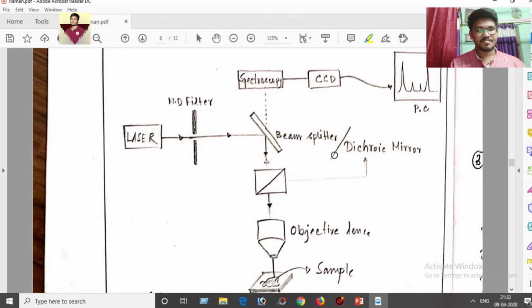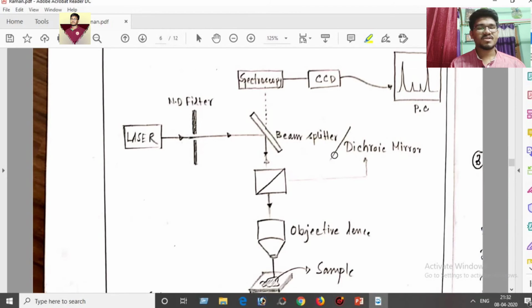Some molecules show photoluminescence, so we should avoid that particular wavelength. Why? If I induce a wavelength in that range, the molecule shows photoluminescence and will emit photons in that wavelength. Then I will not be able to get the actual Raman scattering from that frequency.